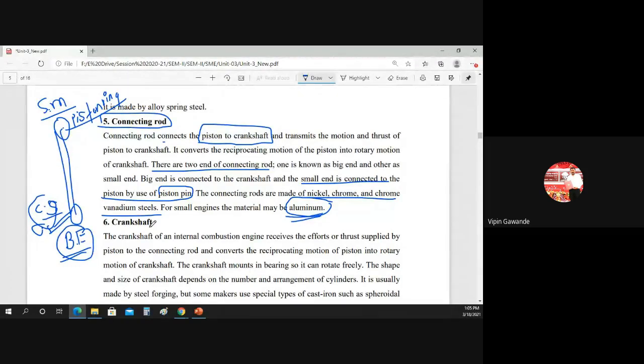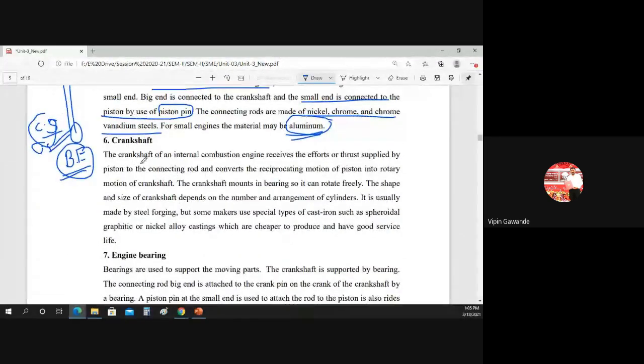So what is meant by this crankshaft then? Crankshaft of the internal combustion engine receives the effort or thrust supplied by the pistons through the connecting rod. I have already told you the main function of the connecting rod. Connecting rod converts reciprocating motion of the pistons into rotary motion of the crankshaft.